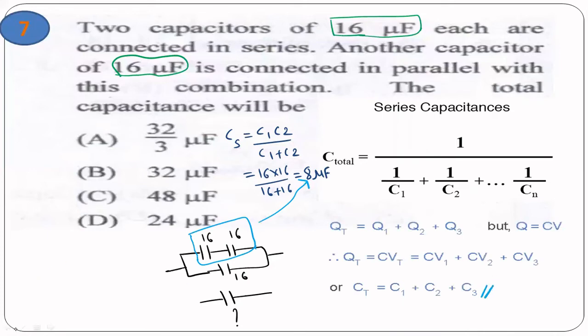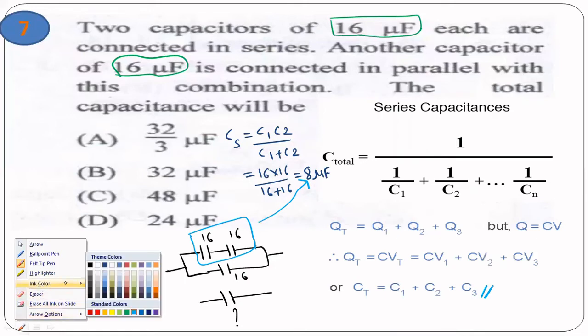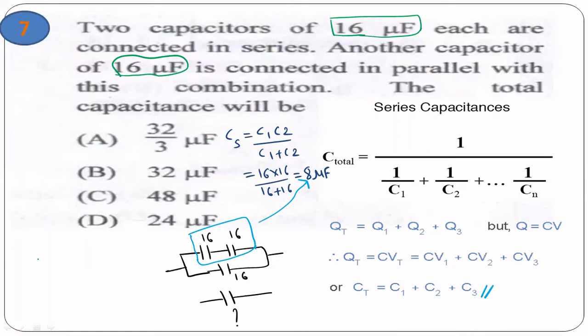So we already had 8 microfarad, and parallel means we add, as per the formula, 8 plus 16. So it will be 24 microfarad. The expected answer to be marked is option D.